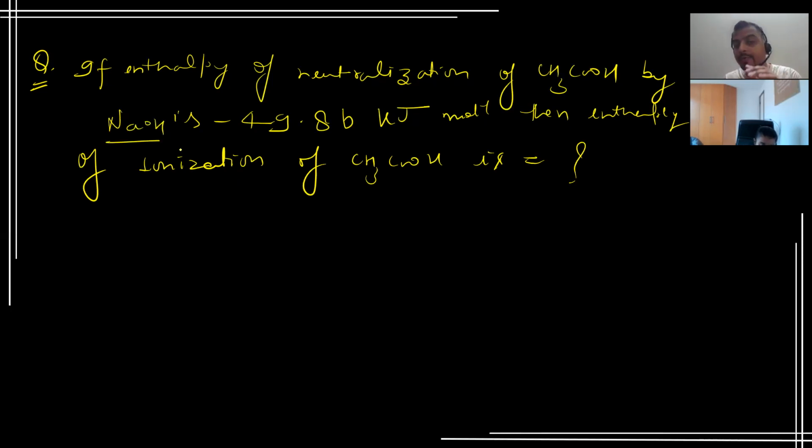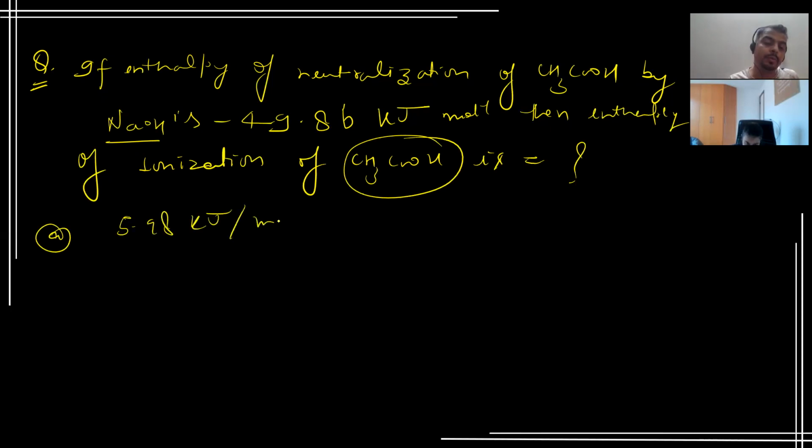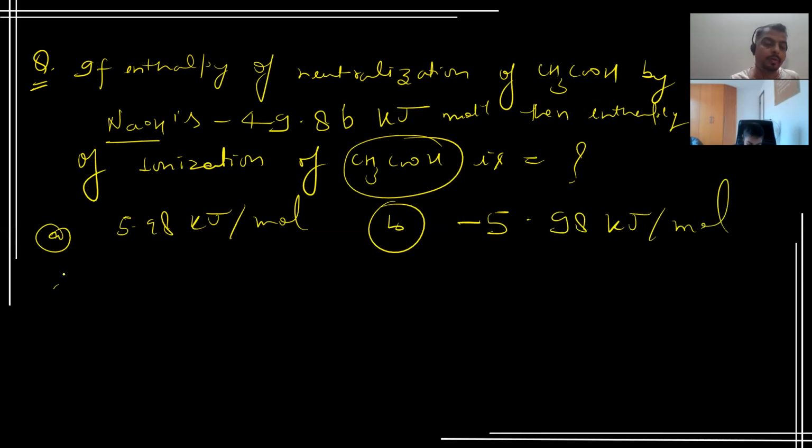So if the enthalpy of neutralization of acetic acid by NaOH is minus 49.86 kilojoule per mole, then the enthalpy of ionization of acetic acid is, options they have given you, 5.98 kilojoule per mole, minus 5.98 kilojoule per mole.